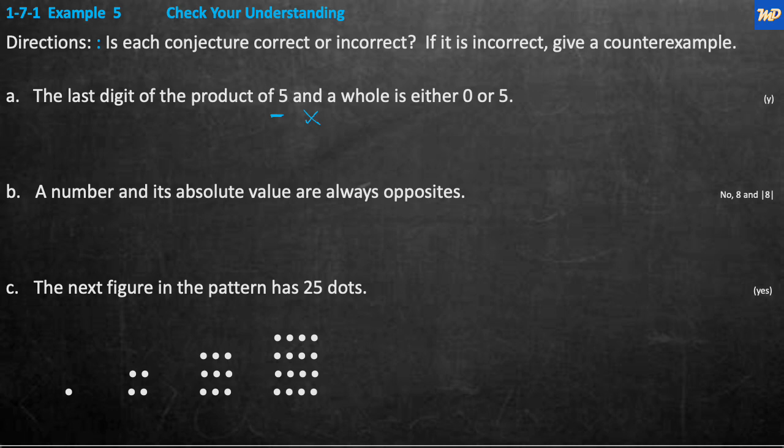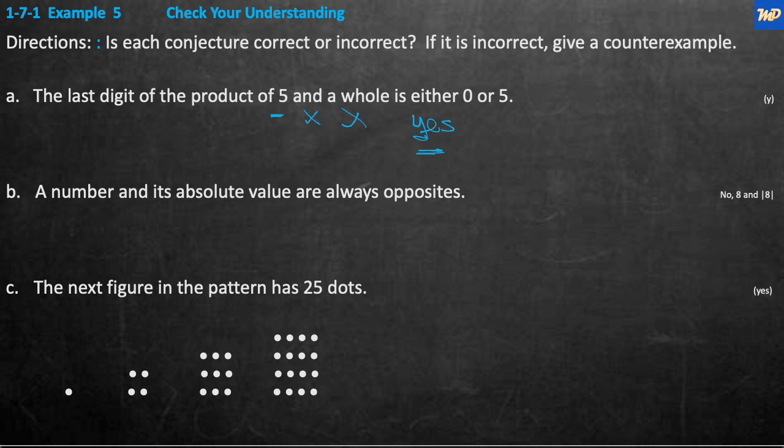It doesn't matter what the number is, X, okay? So 5 times some number is either 0 or 5. Is that true? Well, yes, because 5 times 1 is 5, 5 times 2 is 10, that ended in a 0. 5 times 3 is 15. 5 times 4 is 20. So the answer here is yes.